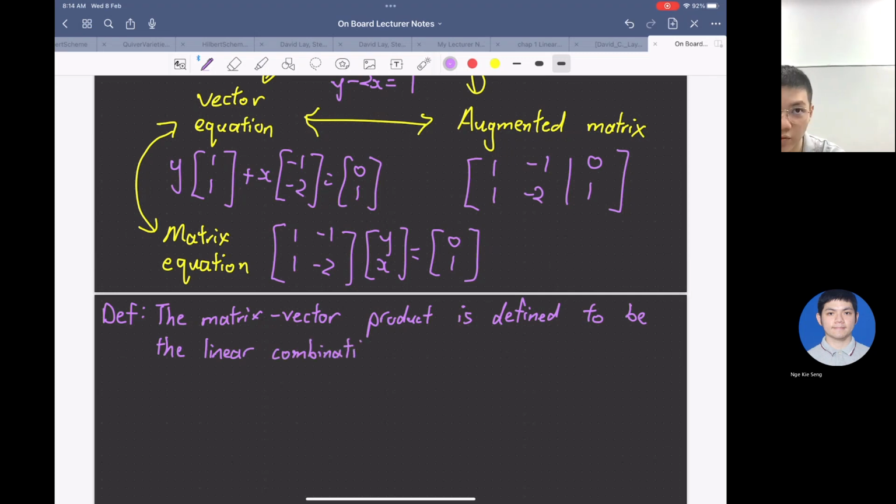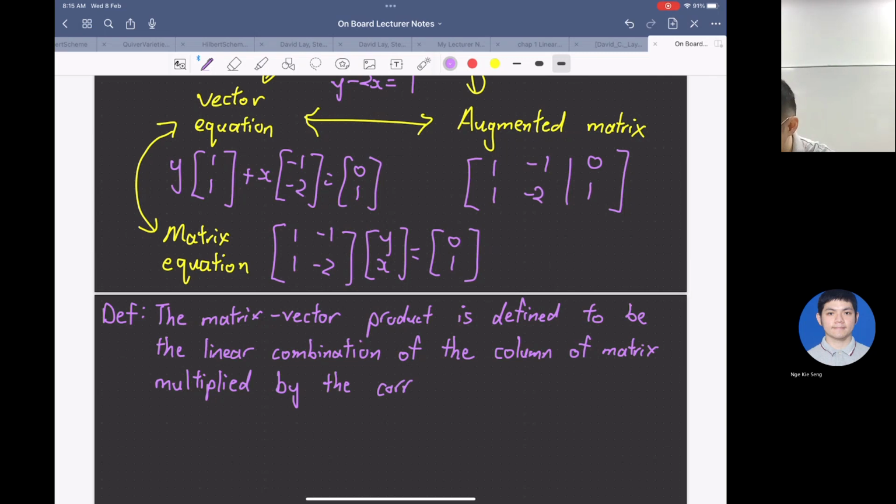What kind of operations can you do? There are two operations: you can do scalar multiplication, and you can do vector addition. So how do you combine the two objects here? First you split your matrix into columns, and then you split your vector into scalars, and then you take the linear combination of the columns of the matrix multiplied by the corresponding scalar in the vector. What I mean by that?